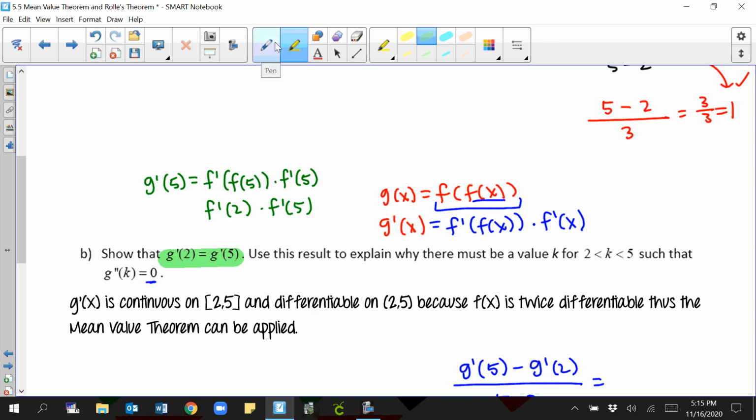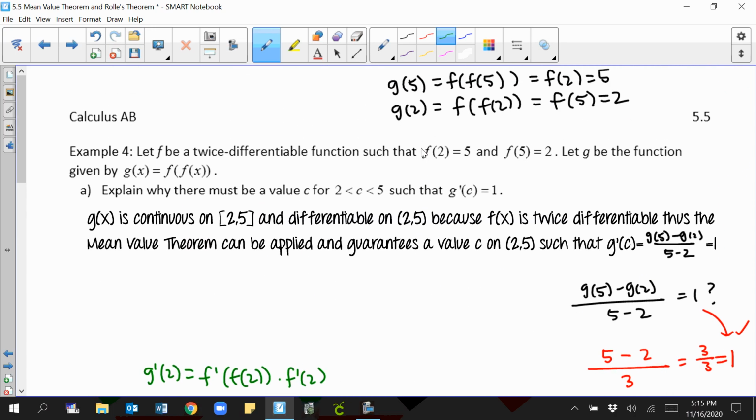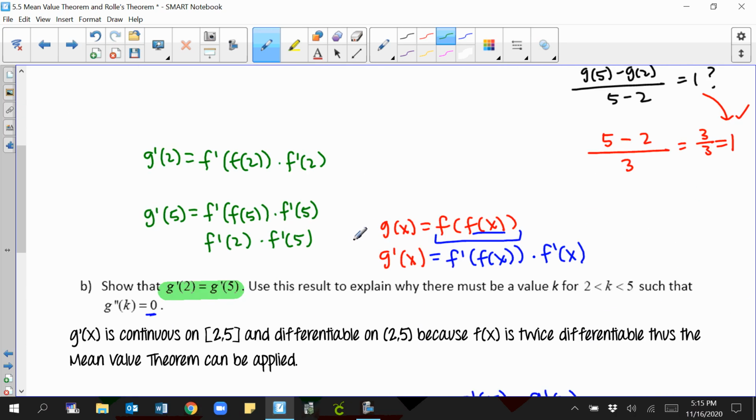So let's see what g prime of 2 is going to give me. I'm going to also do that up here. g prime of 2 is going to be f prime of 2 times f prime of 2. Well, f of 2 up here is 5. So I'm looking at f prime of 5 times f prime of 2, which these two are in fact the same thing.